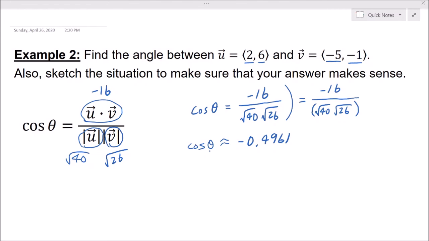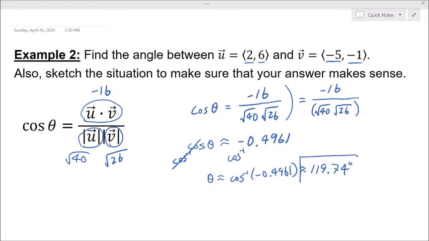So now we've almost got theta by itself. All we got to do is take the inverse cosine of both sides, right? Inverse cosine. These go away because they cancel. So we get theta is around cosine inverse of negative 0.4961, which is around 119.74 degrees.